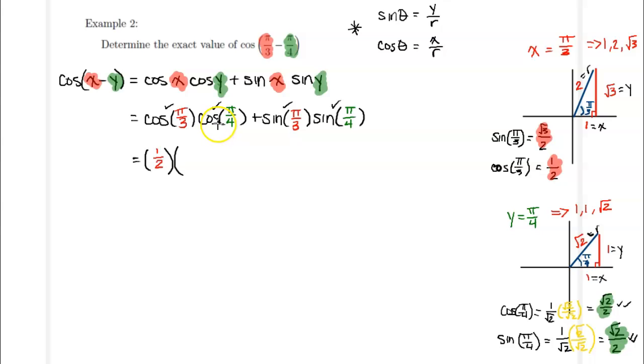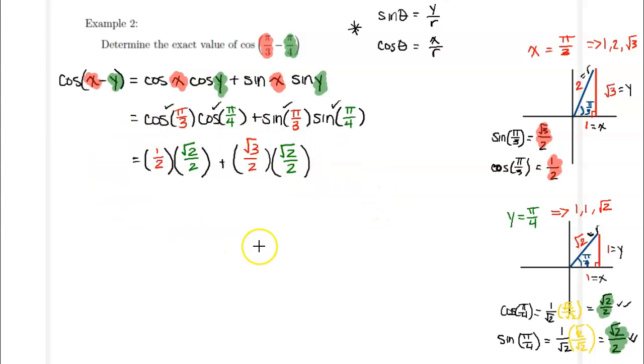Cos of pi over 4 was root 2 over 2, plus sine of pi over 3, root 3 over 2. And finally, sine of pi over 4 down here is also root 2 over 2. There we go.